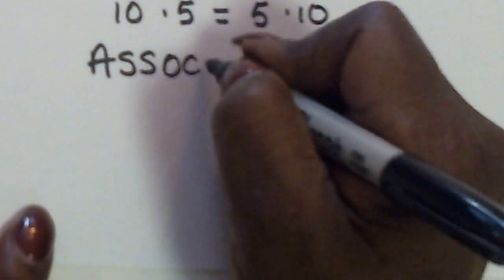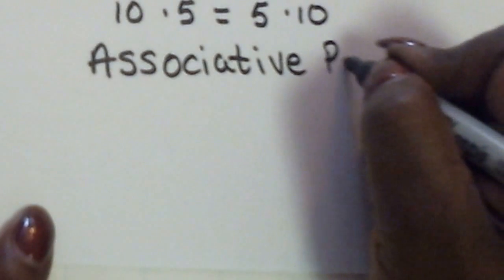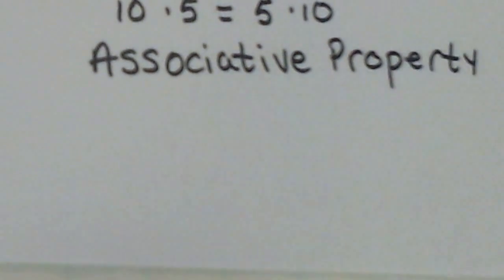The next property is the associative property. It has a nickname. It's the grouping property, and it says elements do not physically move; they simply group with a new friend.